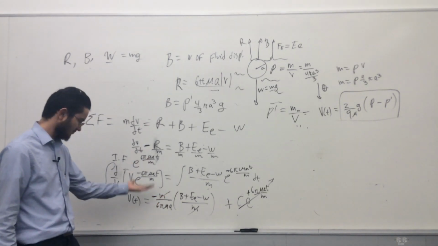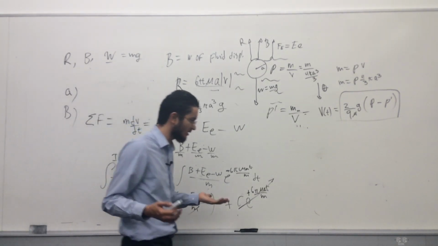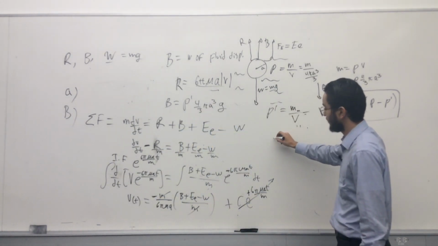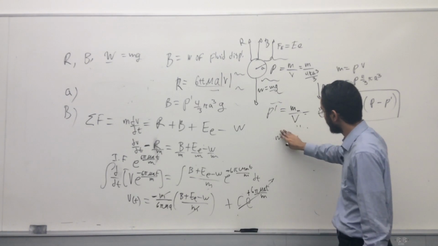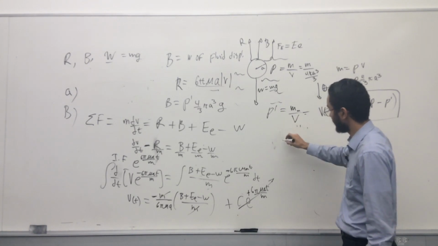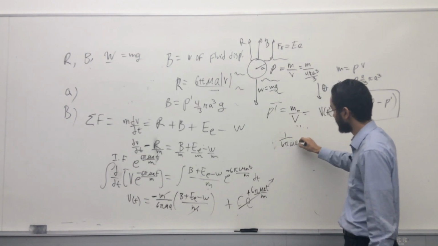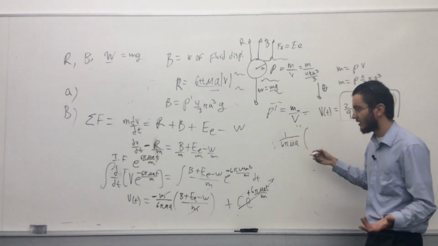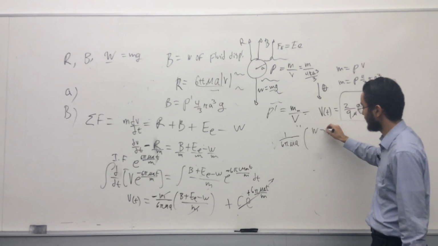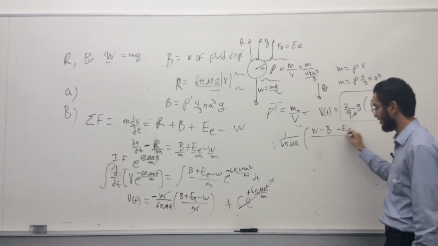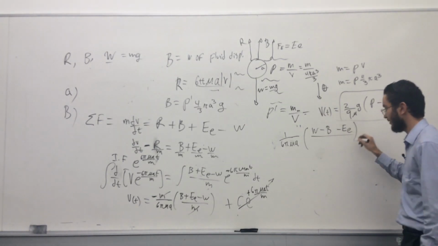And we just set v of t equal to 0, so we have something like this. The m's canceled, so we got 1 over 6 pi times mu times a, all of this multiplied by the weight minus the buoyant force minus the electric field force, and then that's going to be 0.